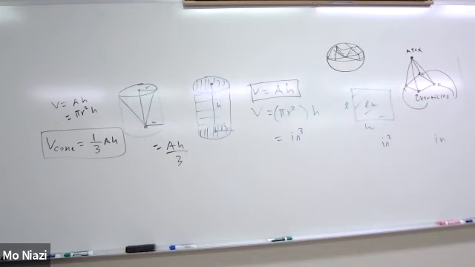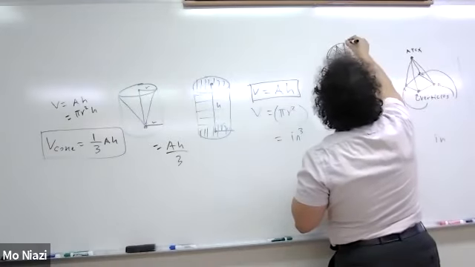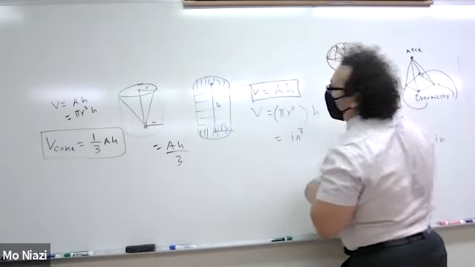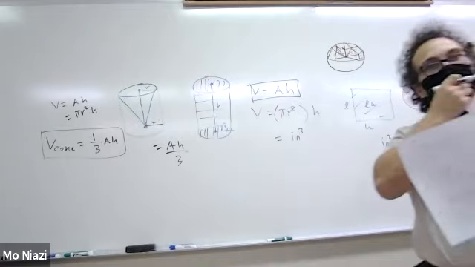If the pyramids have very small bases with area B, and the height of each pyramid is nearly equal to the radius r of the sphere. So look, this height h and the radius of the sphere are equivalent. Okay?